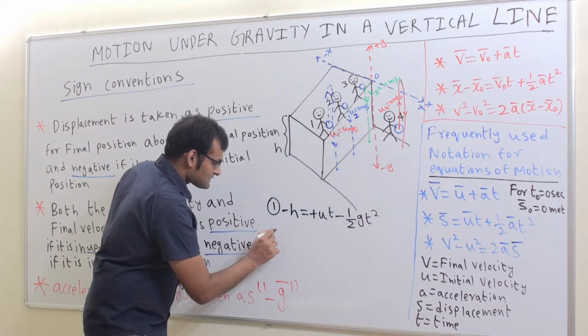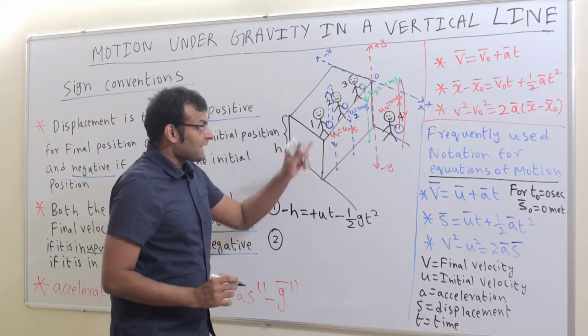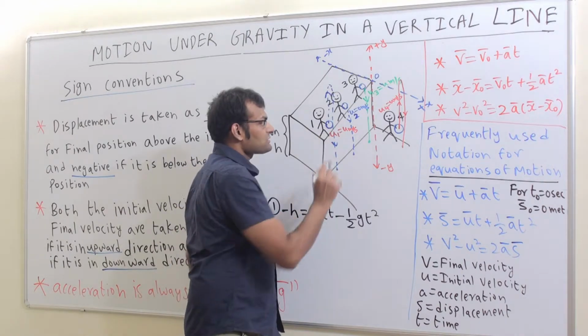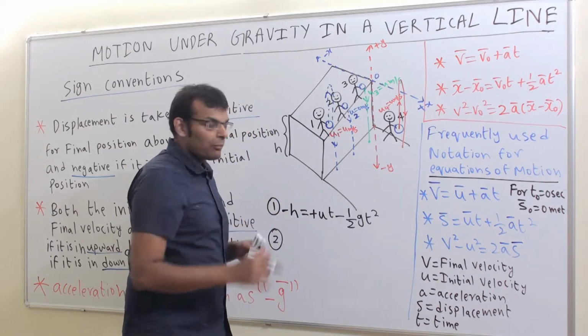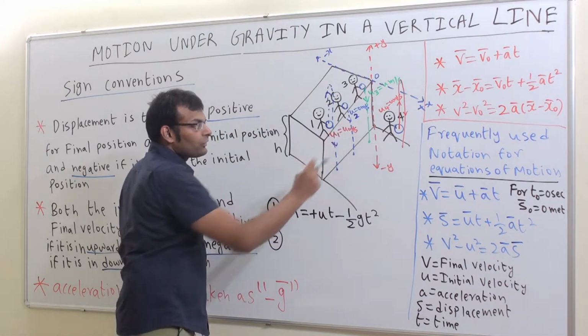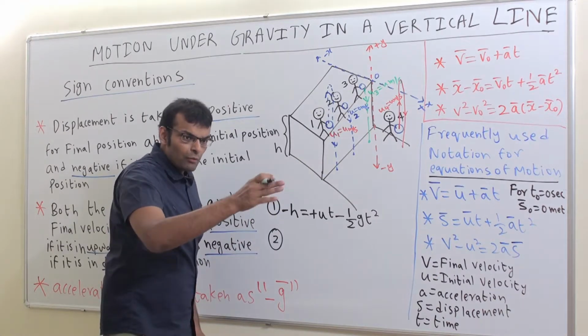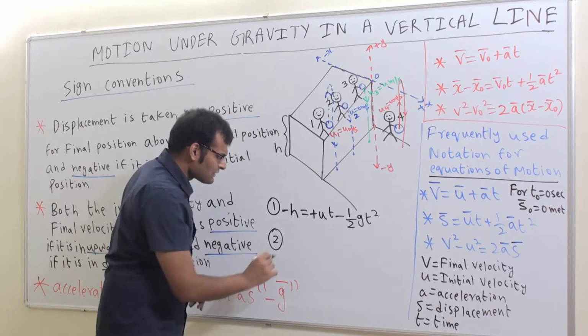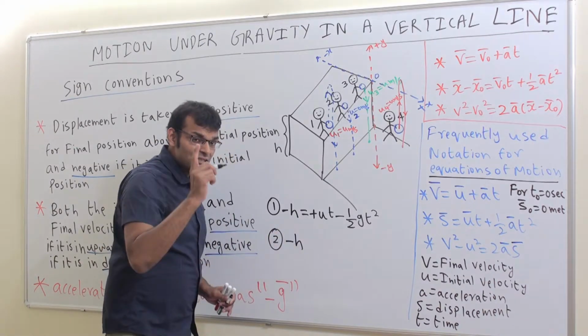Now let's see the second case. If I apply this equation to the second case, what happens? Here this person is just dropping the ball. Now you can clearly see u is 0 meters per second. When he drops the ball, what is the final position of the ball? The final position of the ball is minus h again. Why is it minus h?